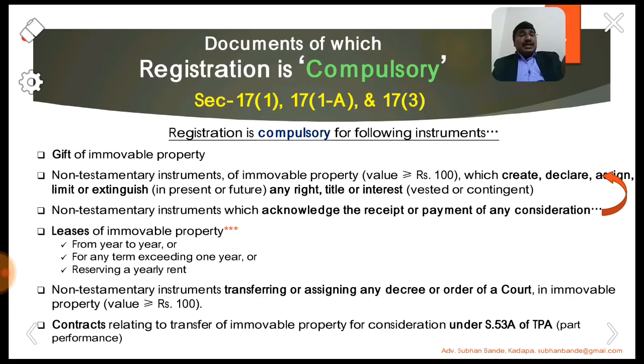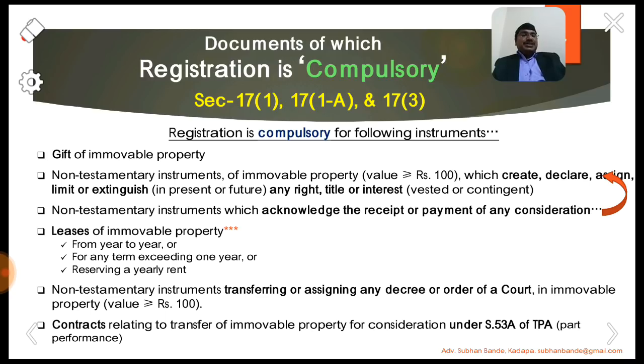The contracts related to transfer of immovable property for consideration under section 53A of the Transfer of Property Act. Section 53A of the Transfer of Property Act deals with part performance. One party pays the amount but the other party fails to transfer the property, or one party transfers the possession of the property but the opposite party fails to pay the amount.